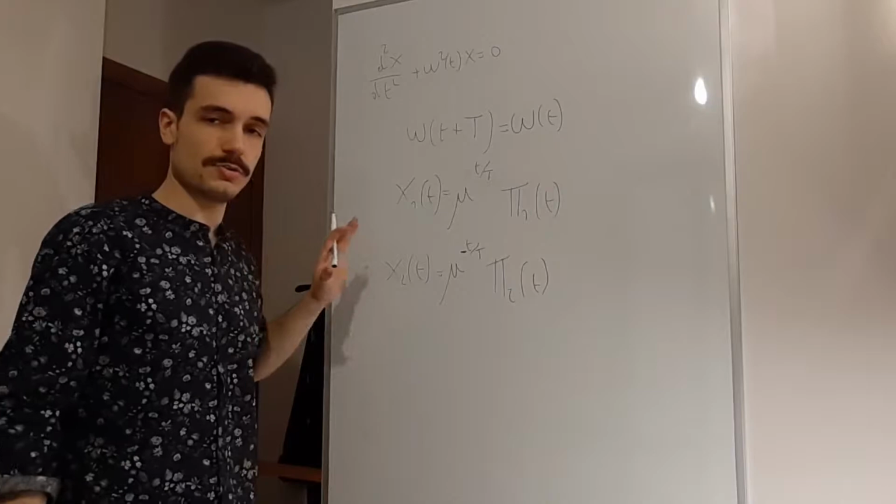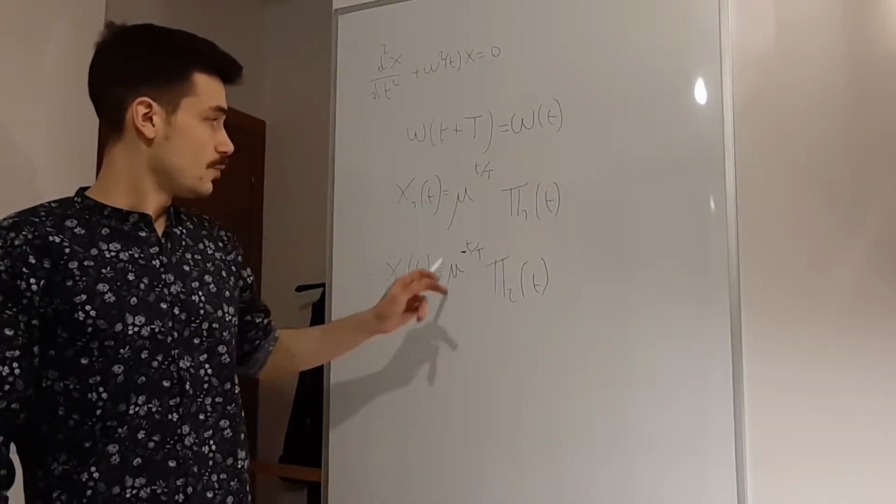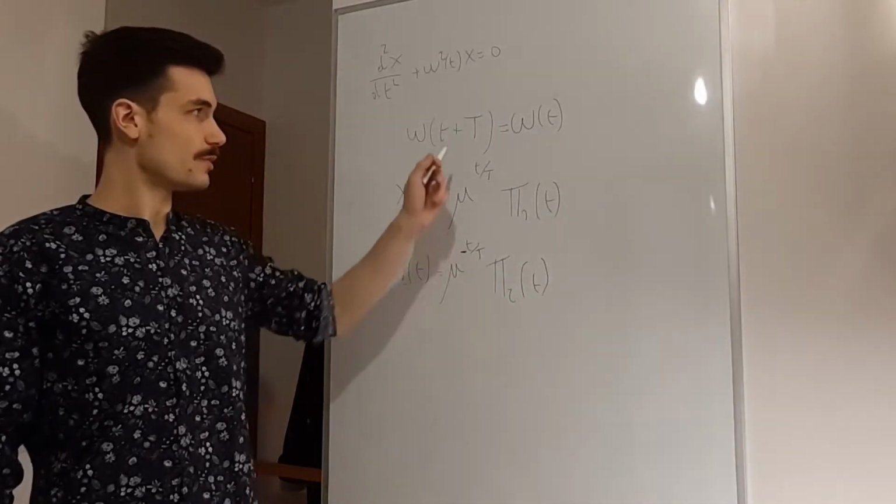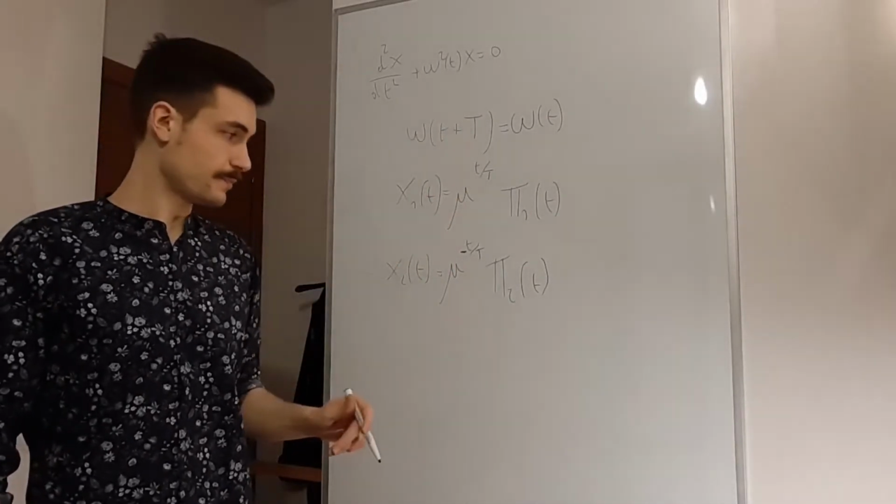Now these are the two solutions you can find to the problem, where these big pi functions are simply periodic functions with period big T.